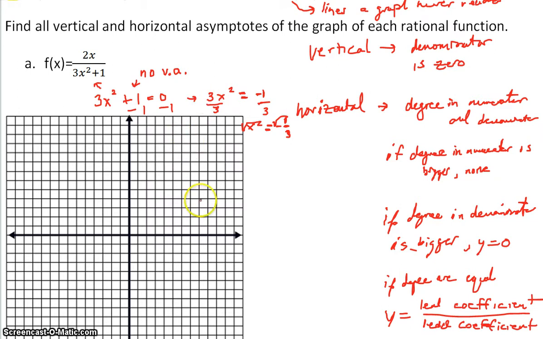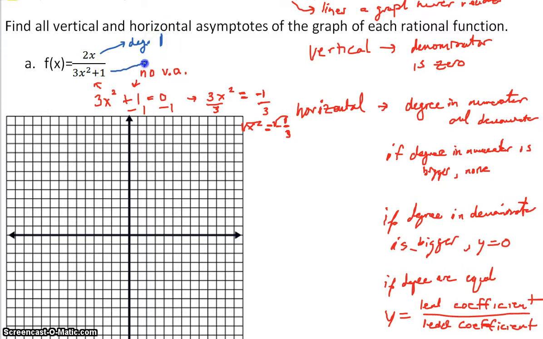The part that's hard to recognize is to understand where the degree in the numerator and denominator vary. Well, if you look at this and you compare them, the numerator is a degree 1.